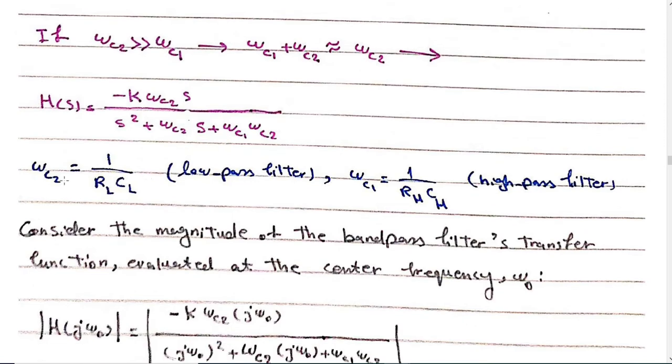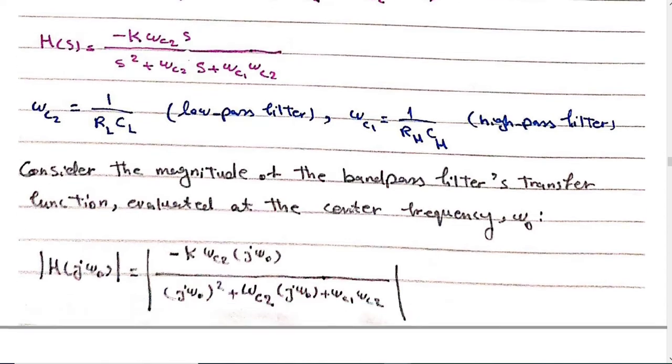So the cutoff frequency omega C2 is 1 over RLCL. Why RLCL? Because the low pass filter is responsible for creating the higher cutoff frequency, which is omega C2, and omega C1 is 1 over RHCH, again RH and CH, because the high pass filter is responsible for generating the cutoff frequency, which is over here, omega C1.